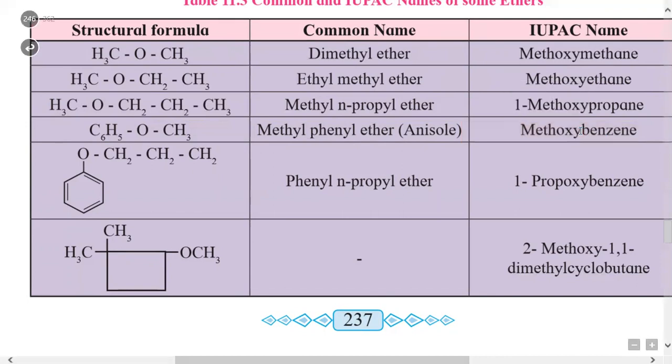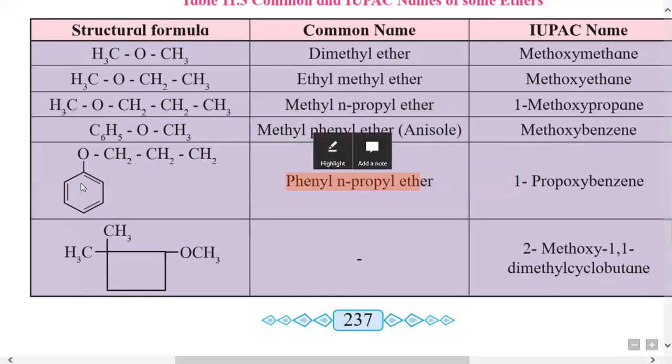The next example is the benzene ring bonded with oxygen, and then CH2 CH2, here must be CH3. So this is a propyl group. There are two groups, one is phenyl and the other is n-propyl. So the correct common name is phenyl n-propyl ether.